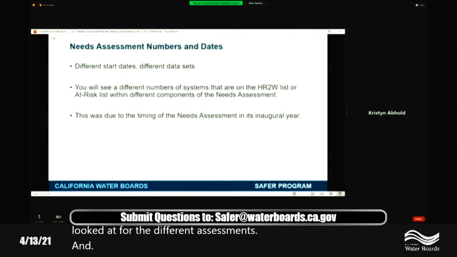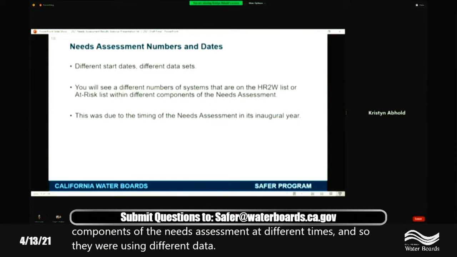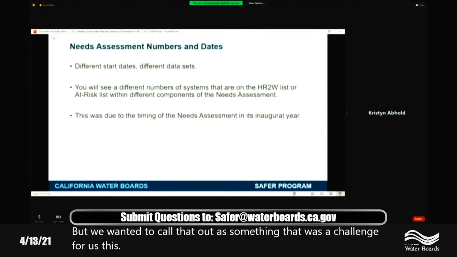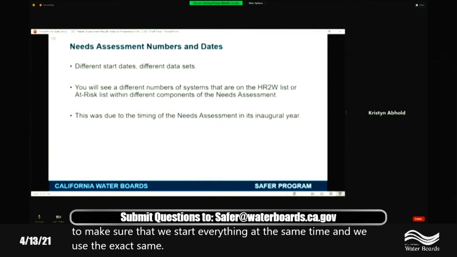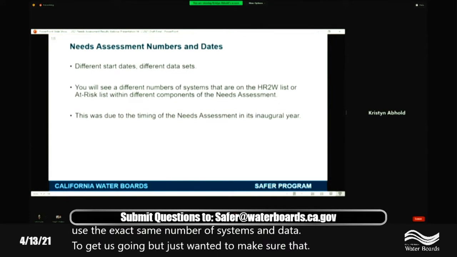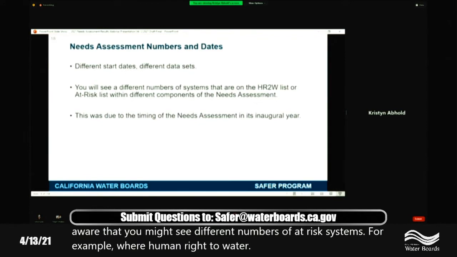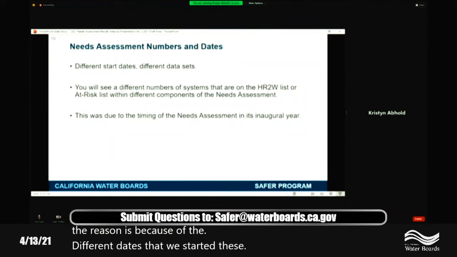This was because in our first year, we were starting different components of the needs assessment at different times, and so they were using different data sets, which I know can be confusing as you read through it, but we wanted to call that out as something that was a challenge for us this year. We're definitely going to be working next year to make sure that we start everything at the same time and we use the exact same number of systems and data to get us going. But I just wanted to make sure that you were aware that you might see different numbers of at-risk systems, for example, or human right to water systems listed in here. And the reason is because of the different dates that we started these assessments over this last year.